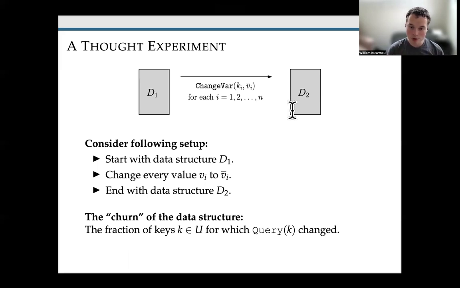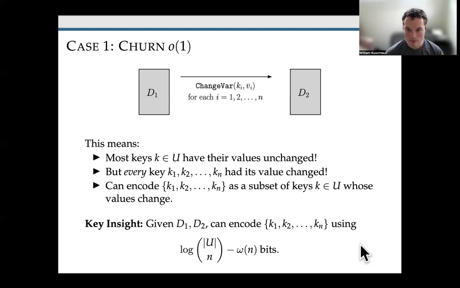And what we're going to do is make kind of a win-win argument. So we're going to argue if the churn is small, then we can construct an impossibly good compression scheme. But actually, also, if the churn is large, we can also use a different approach to construct an impossibly good compression scheme. So we're going to start with the small churn case.